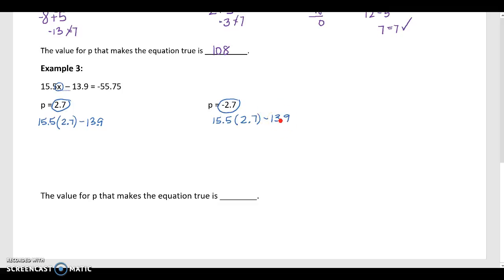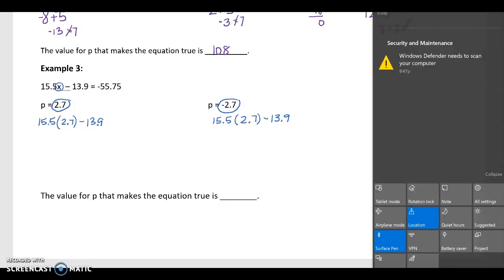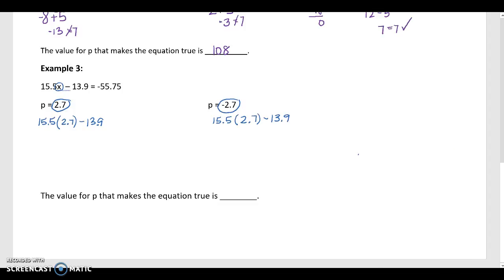So I'm going to go ahead over here, 15 point, oops, sorry. I don't know what it's doing. Okay, I'm going to go over here.